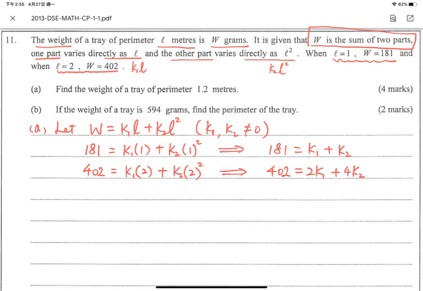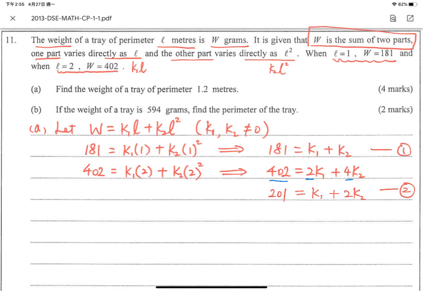Because 402, 2, and 4 are all multiples of 2, we can divide the whole equation by 2. Then we can simplify it as 201 equal to K1 plus 2K2. This is equation 1, this is equation 2.